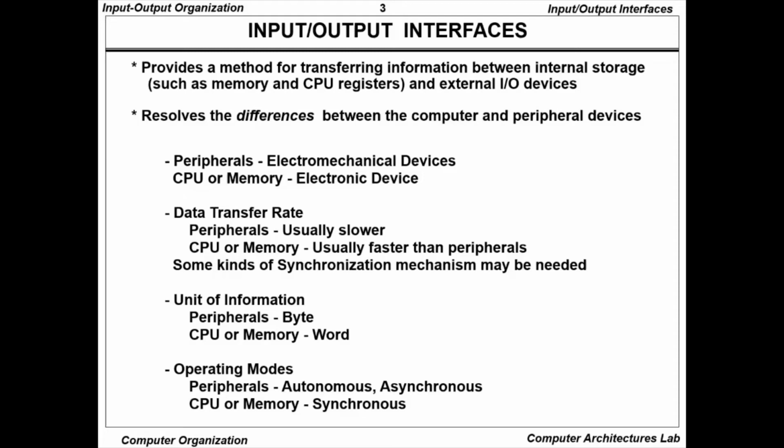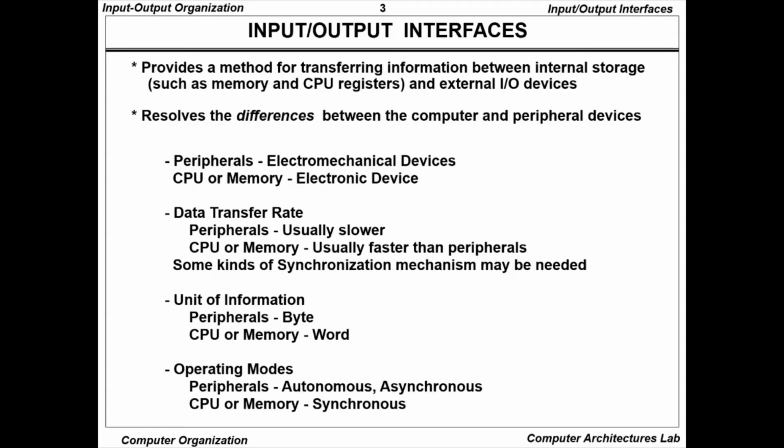So please remember, DTR is much slower in peripheral devices, that means input output, and much faster in the CPU, microprocessor, and memory. The unit of information in peripherals is the byte, and in CPU or memory, as we already discussed, it is the word, made of bits, either 0 or 1.